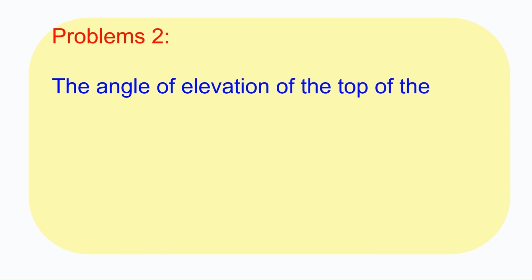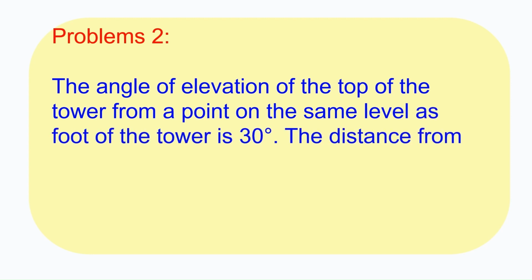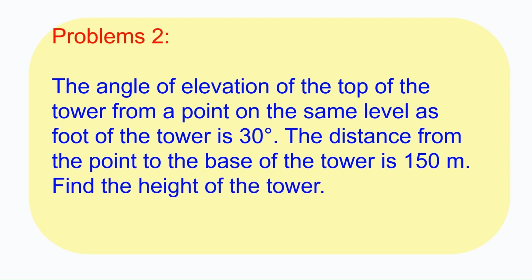Problem number 2. The angle of elevation of the top of the tower from a point on the same level as the foot of the tower is 30 degrees. The distance from the point to the base of the tower is 150 meters. Find the height of the tower.